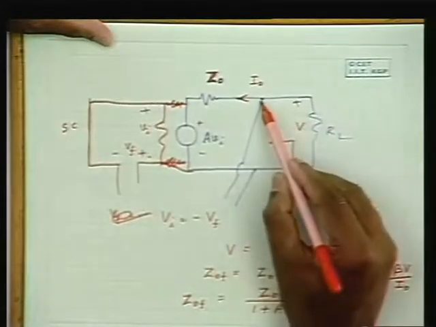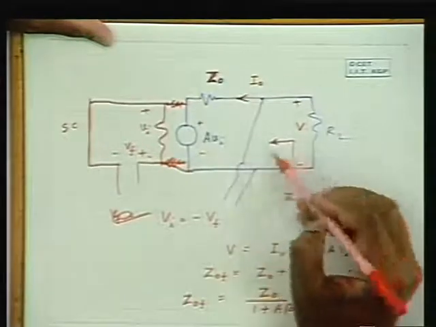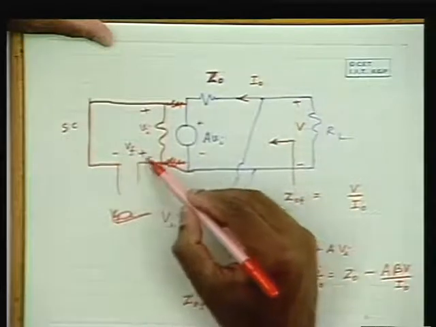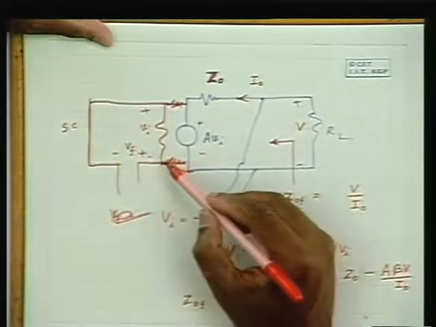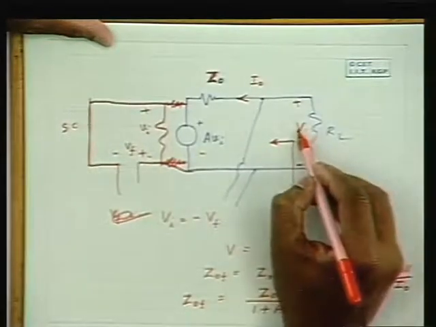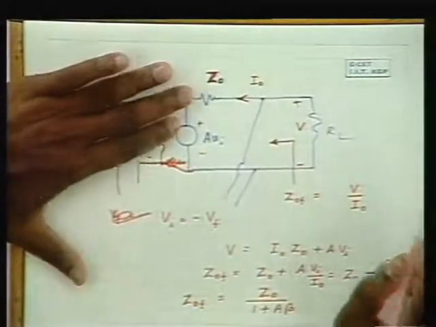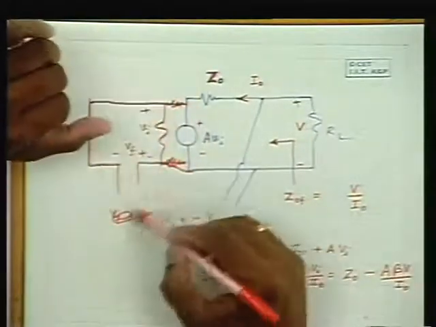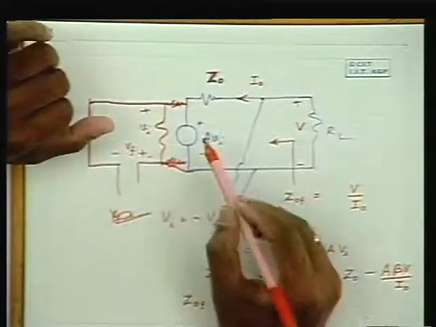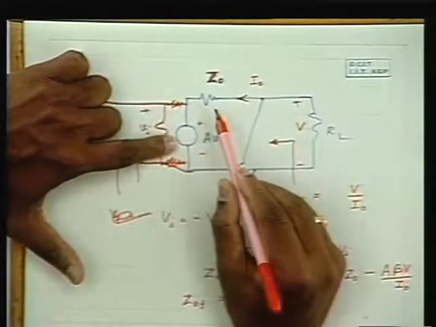That means if I tap the output by a parallel connection, the feedback voltage that appears at the input is such that when I apply a voltage source V, it draws more current. If there is no feedback, this Vf would have been 0, and when the input is replaced by a short circuit, this is 0, and ZOF is equal to Z0 itself.